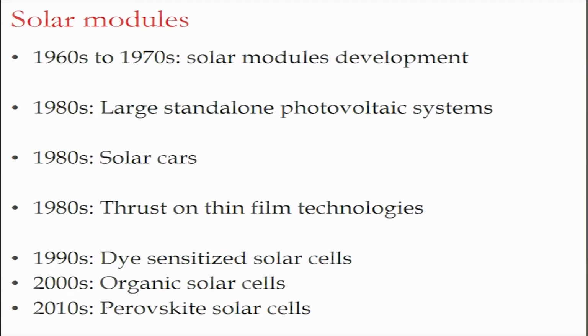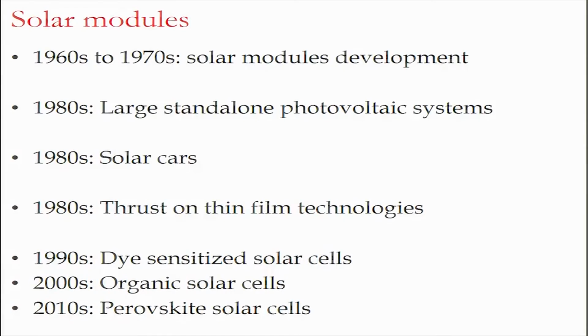In the 80s there was an effort on solar cars also, and we also started research on thin film technologies. These were important because silicon solar cells were heavy, as they use wafers of silicon. So, the idea was to reduce the weight of the solar cell and reduce the material cost also by using materials in thin film form. So, there was a lot of effort on developing thin film technologies, such as cadmium telluride, CIGS, amorphous silicon, and so on and so forth.